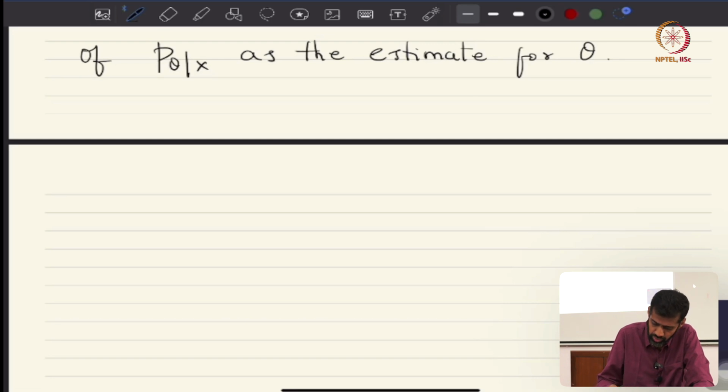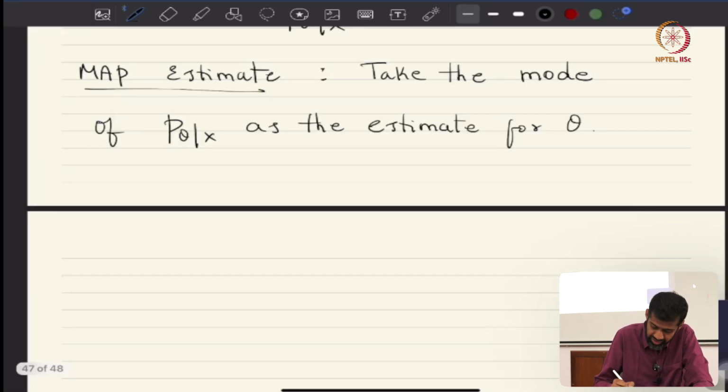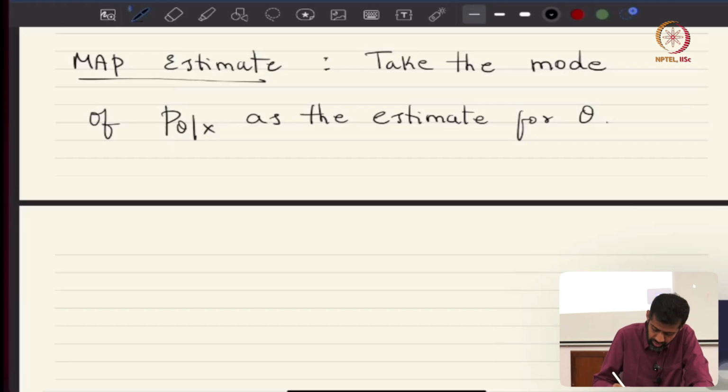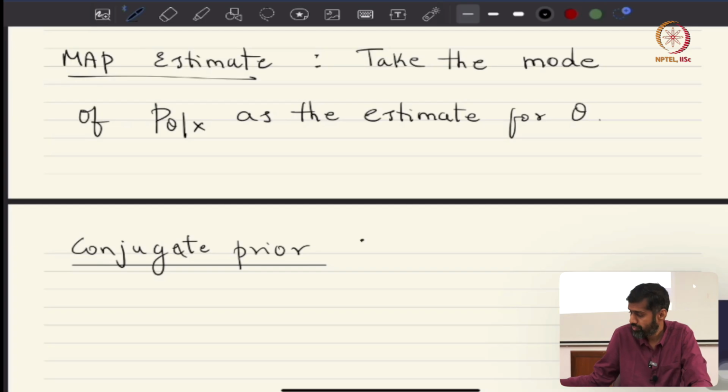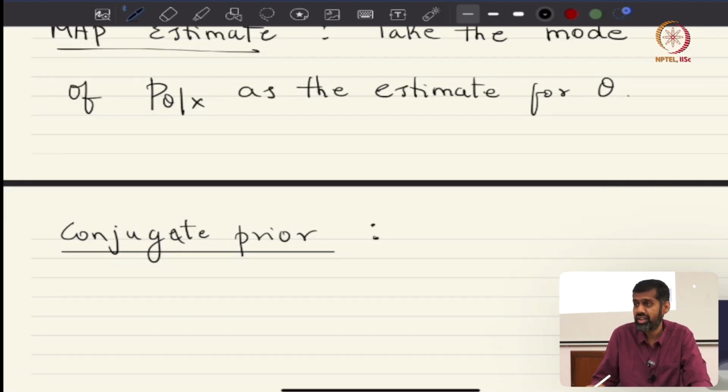Before we do this, there is an idea called conjugate prior that I should talk about. We will have to incorporate our belief into the system. Remember that the choice of p theta is user defined, in the sense that we are free to choose whatever p theta that we want on the parameters. Now in the literature it has been suggested that we always choose our prior such that it is a conjugate prior. What do you mean by a conjugate prior?